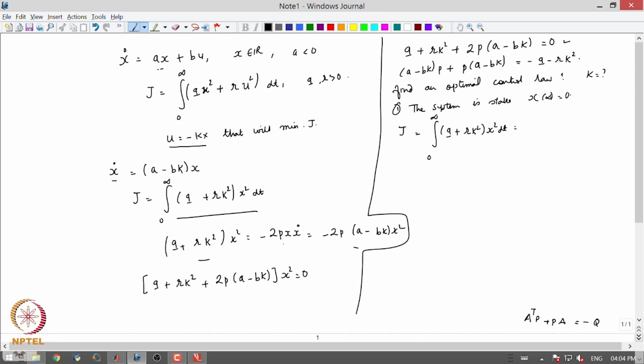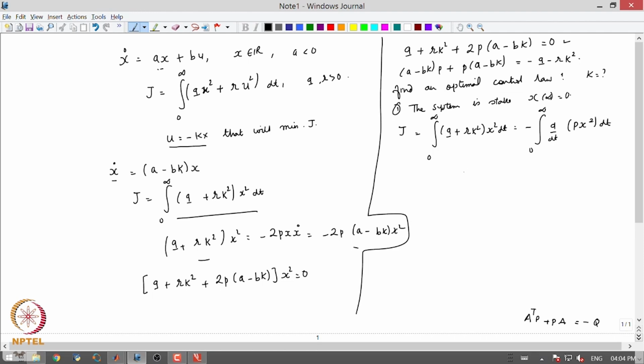This will be equal to the following: minus integral 0 to infinity d by dt of p x square dt.